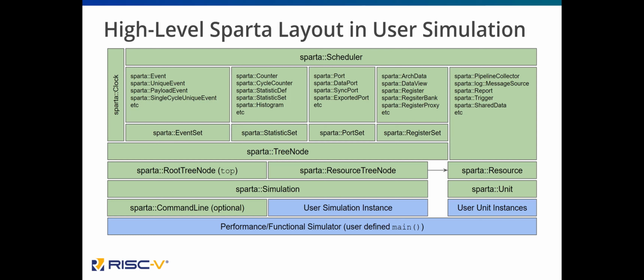For a given simulation, we create the main, which creates the simulation instance and uses the rest of the classes. For example, in the RISC-V performance model, the parts that are blue are actually in the RISC-V performance model. The rest of the things come from Sparta.